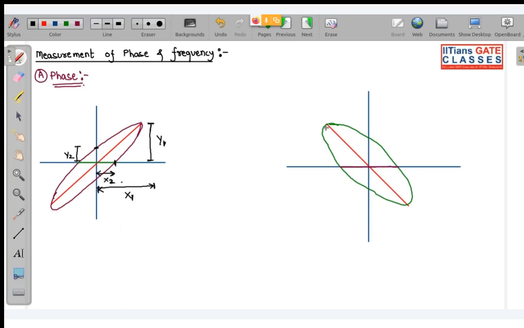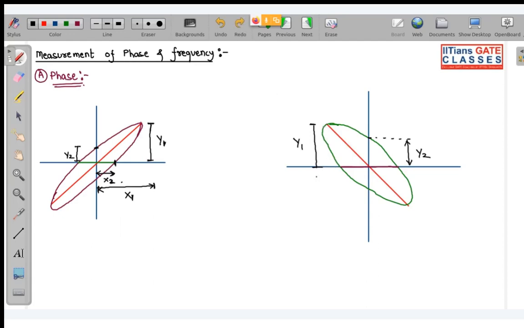Similarly over here also, this is y1, this much distance is y2. I'm very sorry, this diagram is not looking exactly the same.